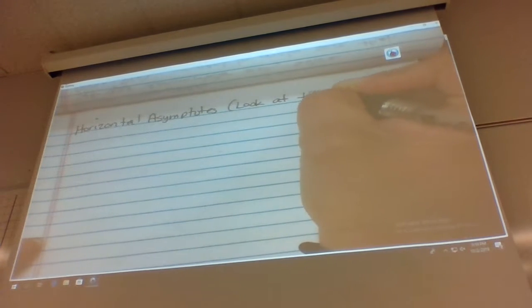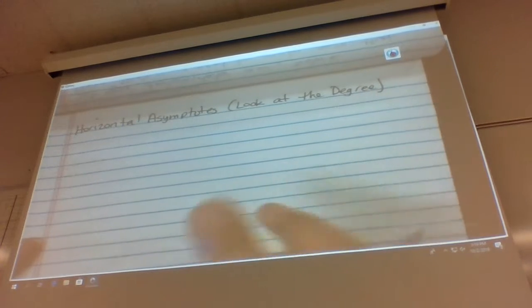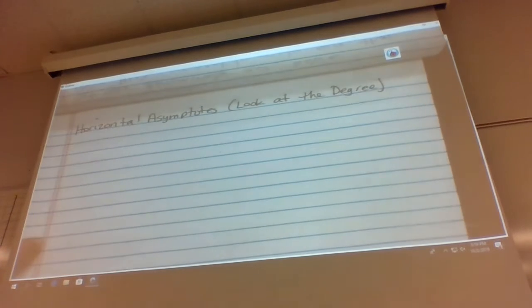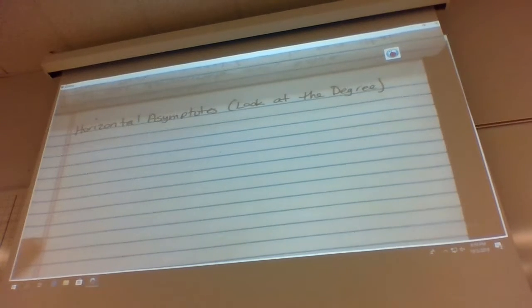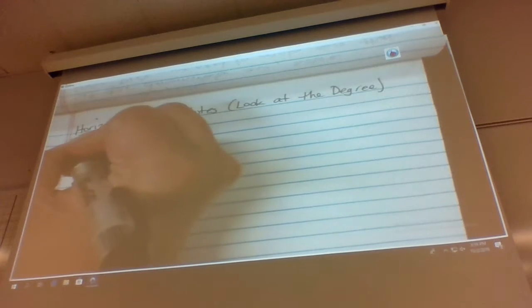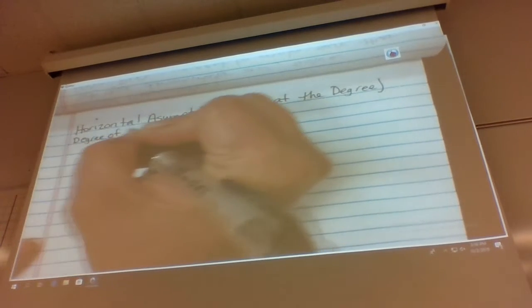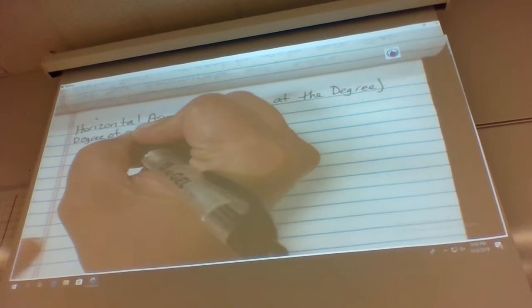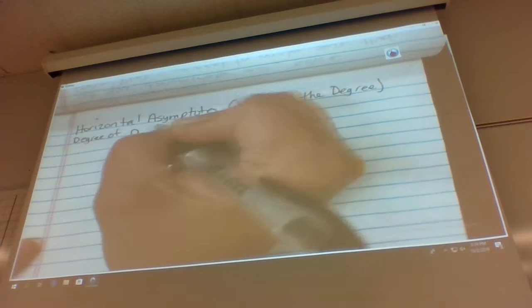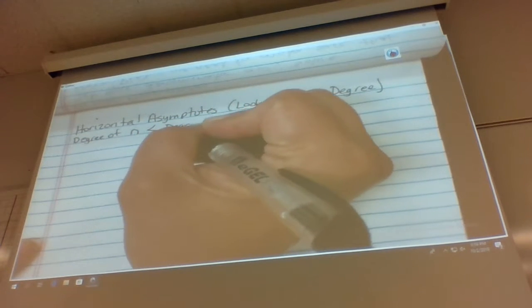So if the degree of the numerator is less than the degree of the denominator, then your horizontal asymptote is y equals 0. There are 3 rules for this, and you have to know the 3 rules. Hold on 1 second, I'm just writing the 3 rules.